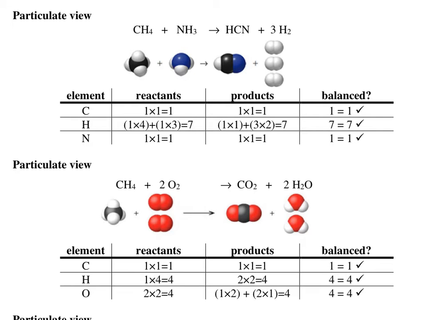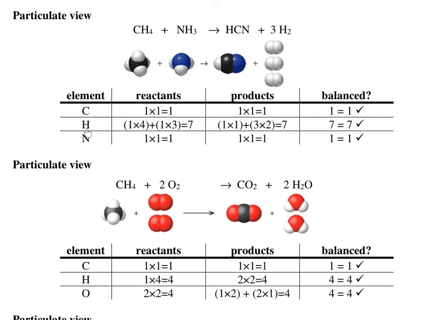Additional practice interpreting chemical equations illustrate mass balance on these following chemical reactions. Methane, 1 atom of carbon in the reactants, 1 atom of carbon that exists in the products.